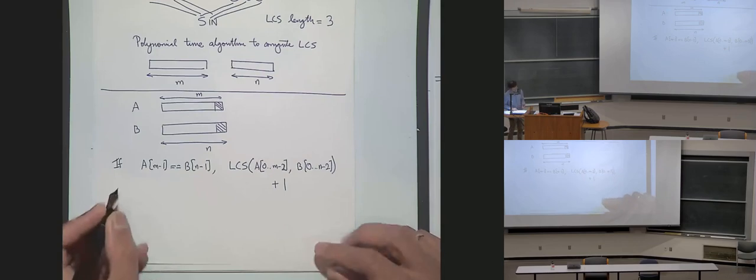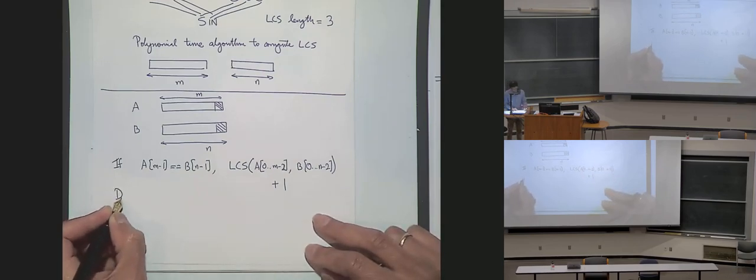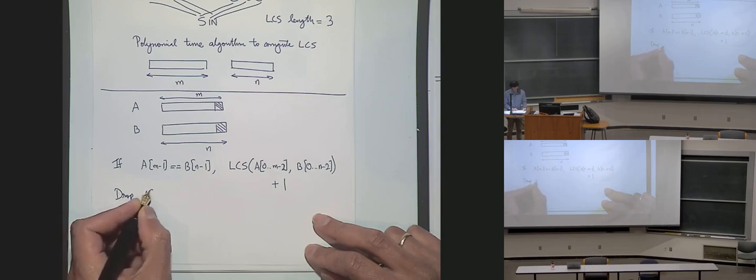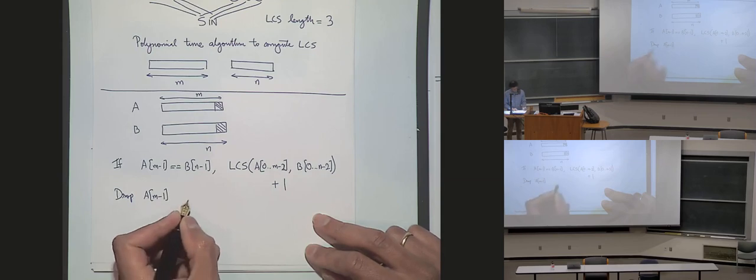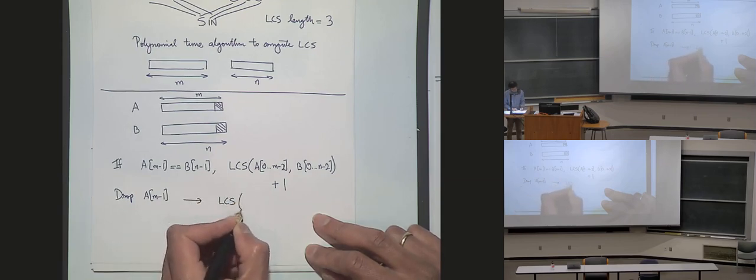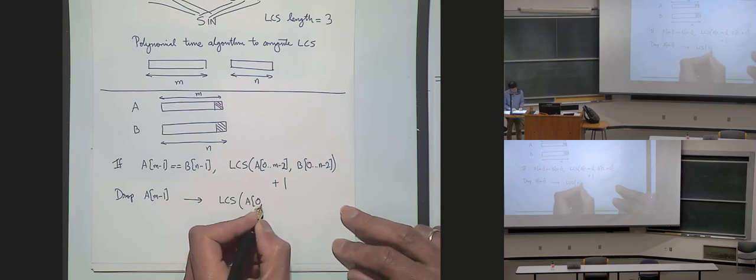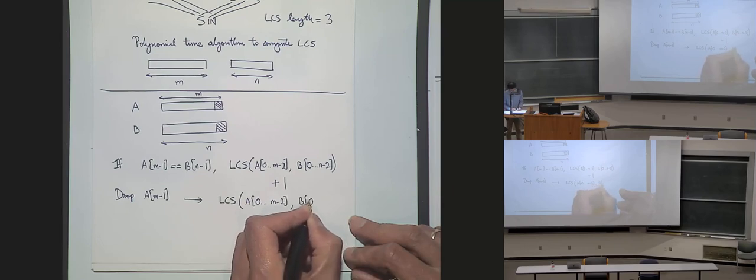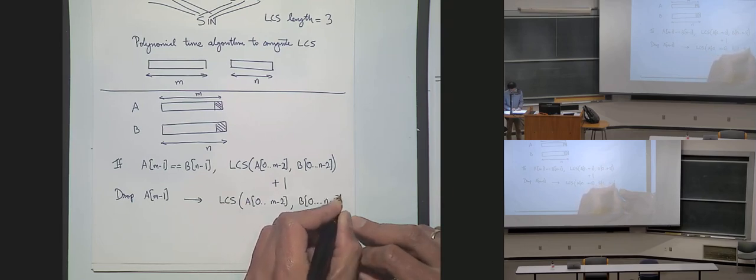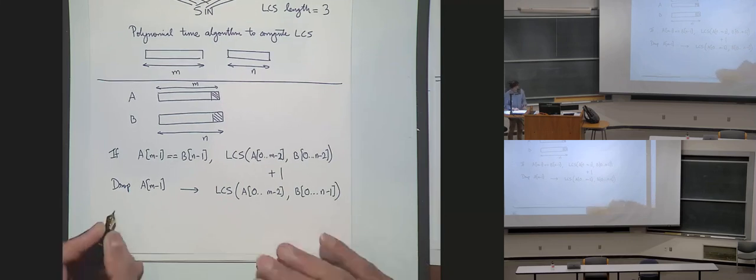I could drop A of m minus 1, in which case I'll just get the LCS value of A 0 going to m minus 2, but B still going all the way to the end.